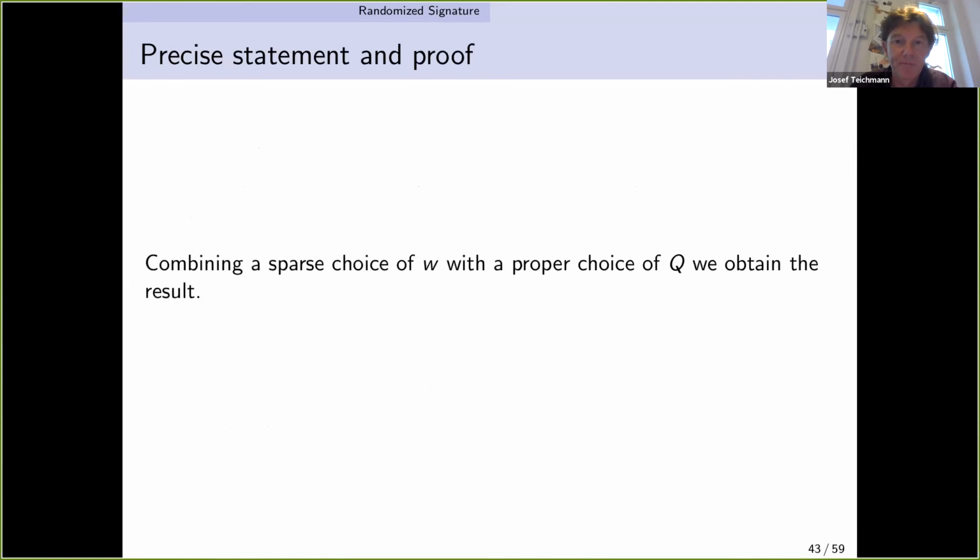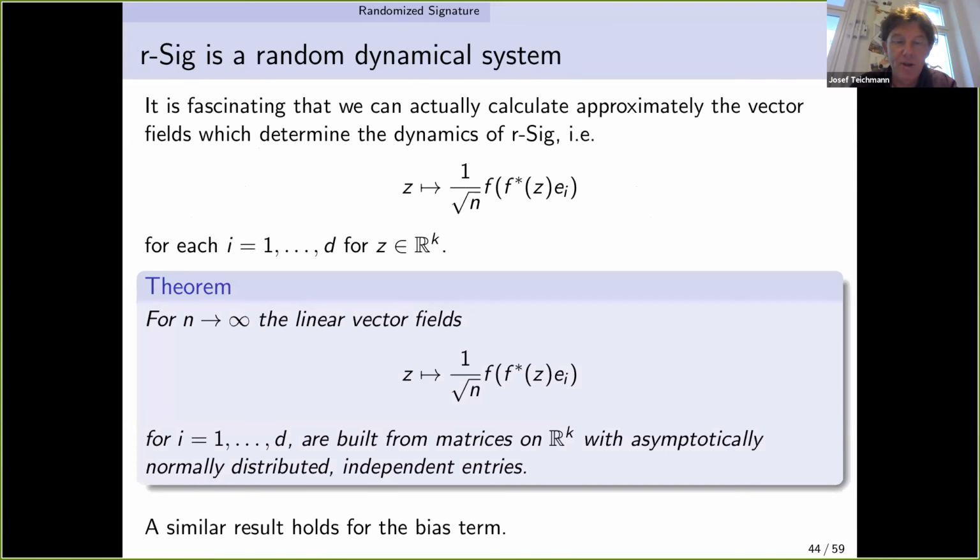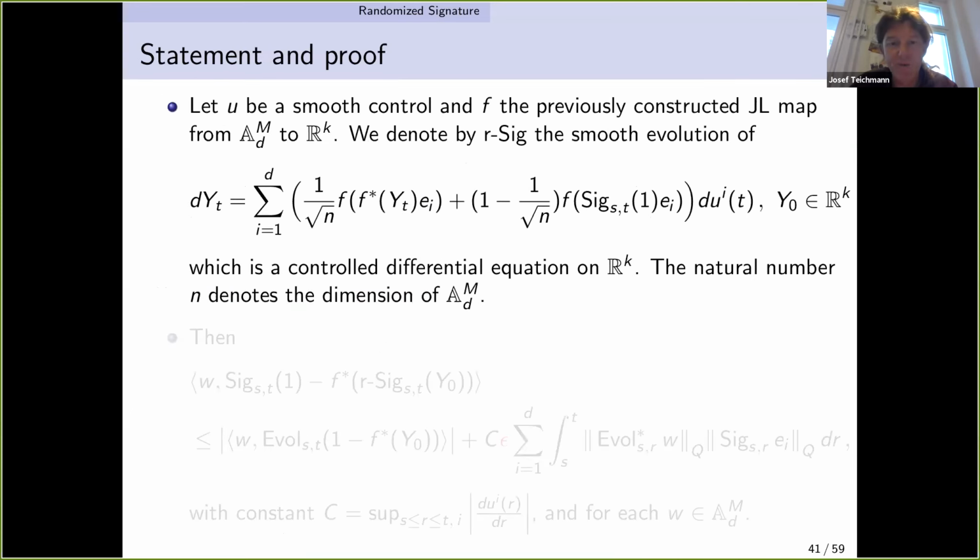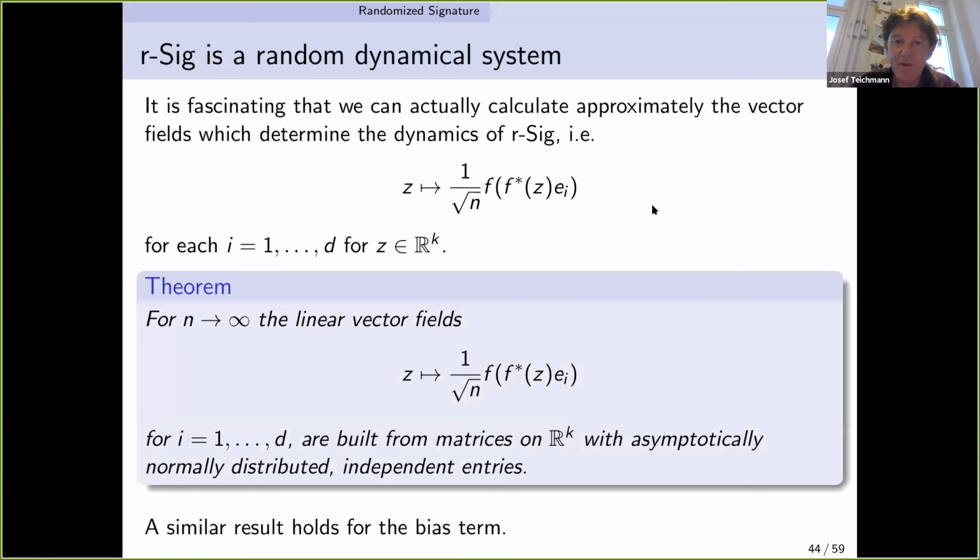Let me just come to a small side remark. Actually, when we are dealing with this theorem, we are not taking those complicated formulas, because the formula would in particular need that we know about the signature, which we would like to avoid. But we use also a limit theorem here. The limit theorem tells that if the dimension K is large enough, we can approximate this term which is standing in the compressed differential equation.